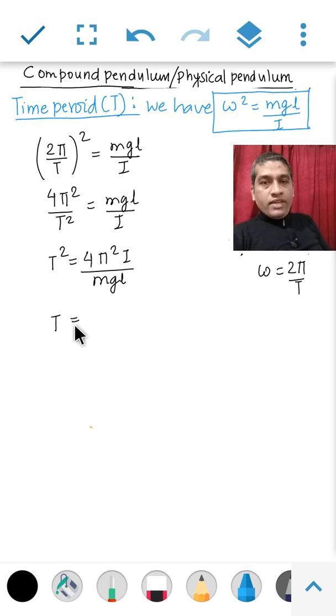On simplification we can write T equals twice pi under root I by mgl.